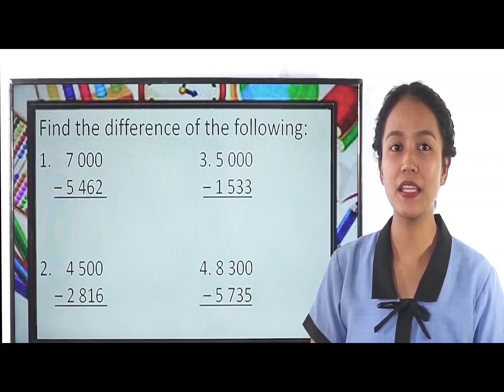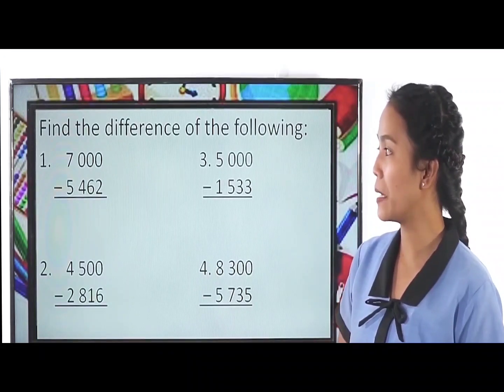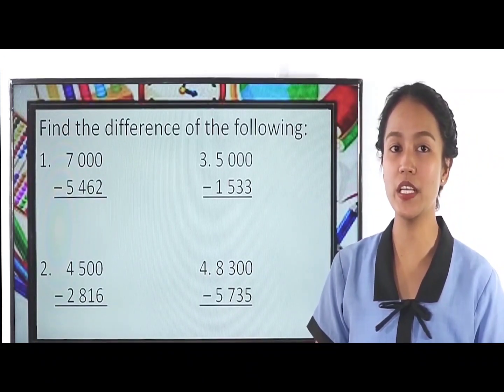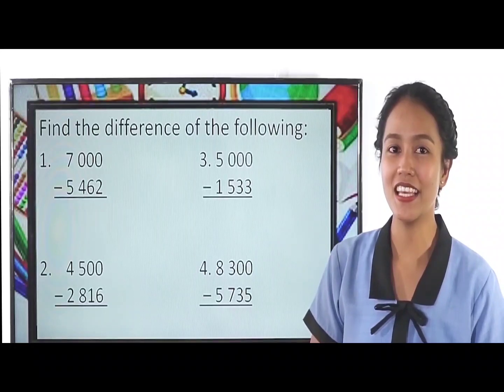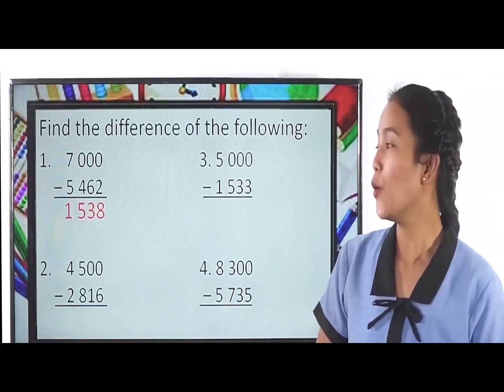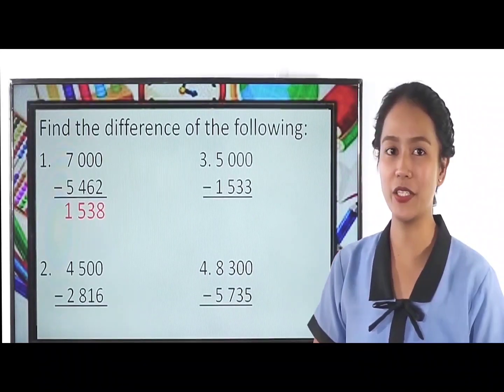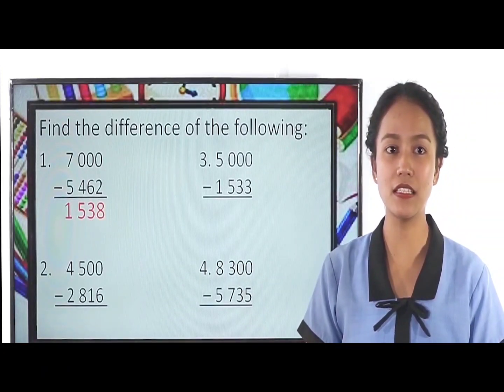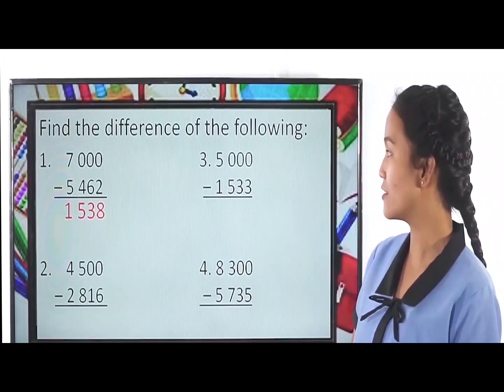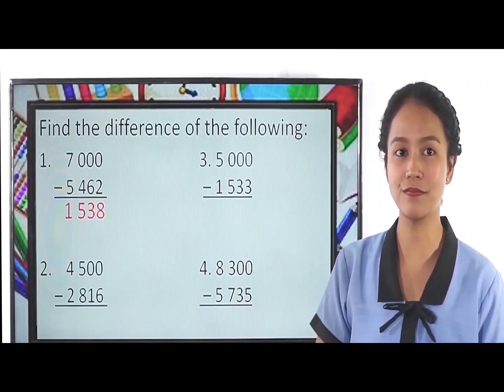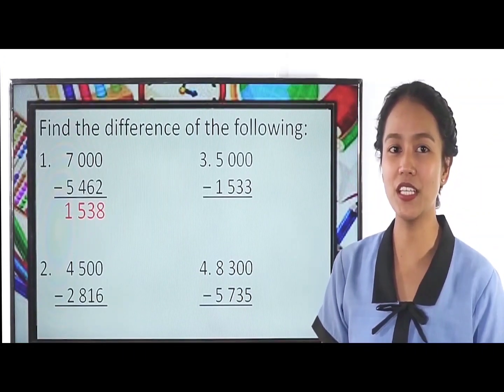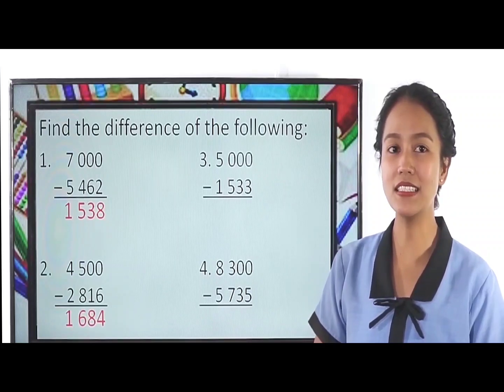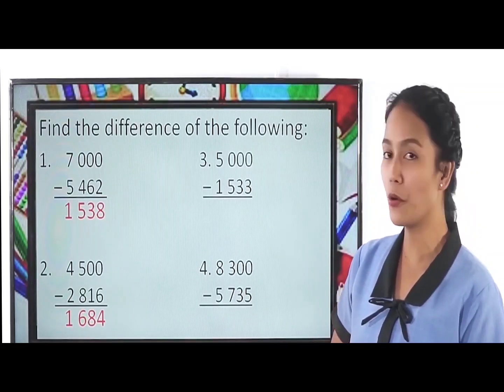For number 1, 7,000 minus 5,462 is equal to? Yes, it is equal to 1,538. For number 2, 4,500 minus 2,816 is equal to? Very good. It is equal to 1,684.